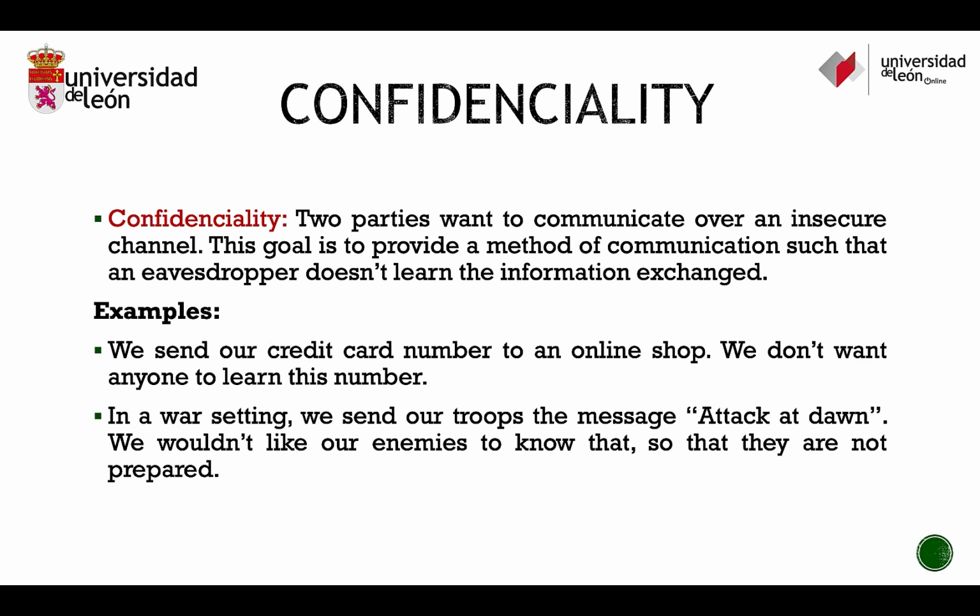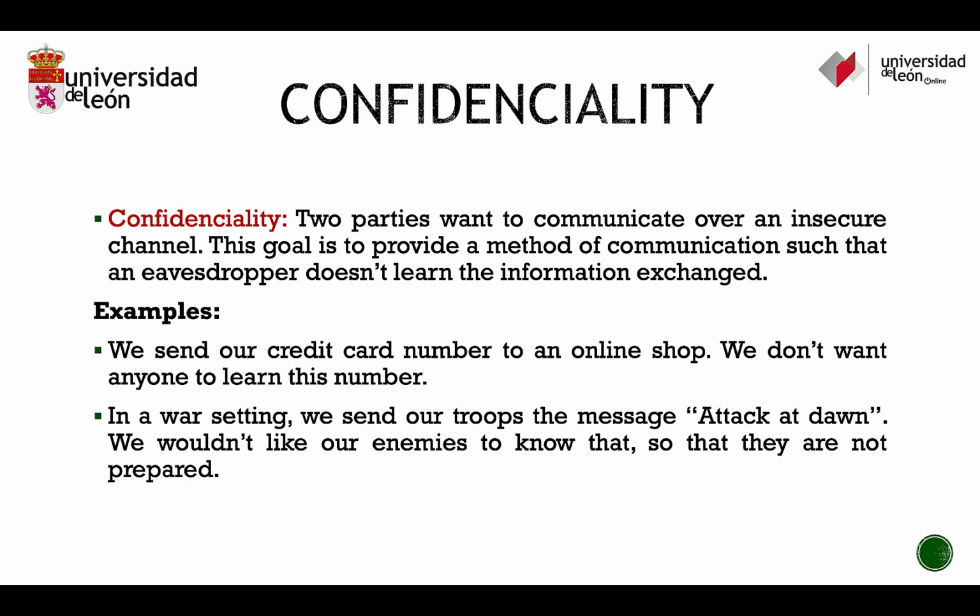Let's now see some examples of each of these goals. In confidentiality, we have two parties that want to communicate over an insecure channel. The goal that we want to obtain if we want a protocol to be confidential is to provide a method of communication such that an eavesdropper doesn't learn the information exchanged.